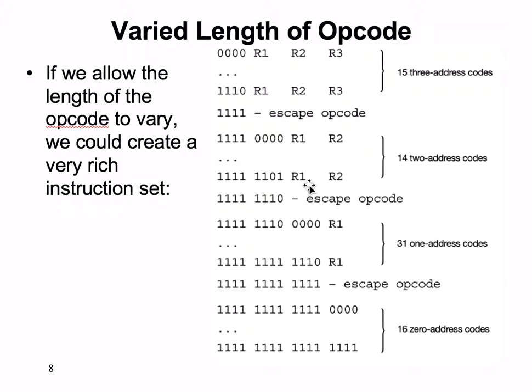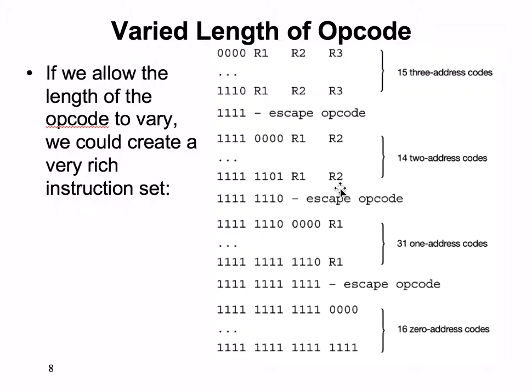In this second group, the number of codes is going to be 14, from 0000 to 1101. So that's the 14 codes, and we have the 2-address code because this is the address for register 1, and this is the address for register 2. So that's the 2-address code.